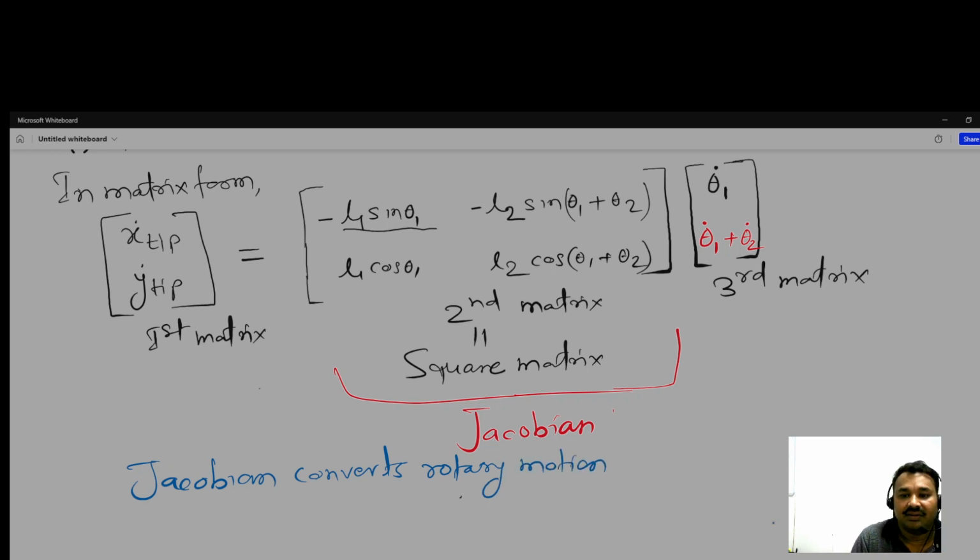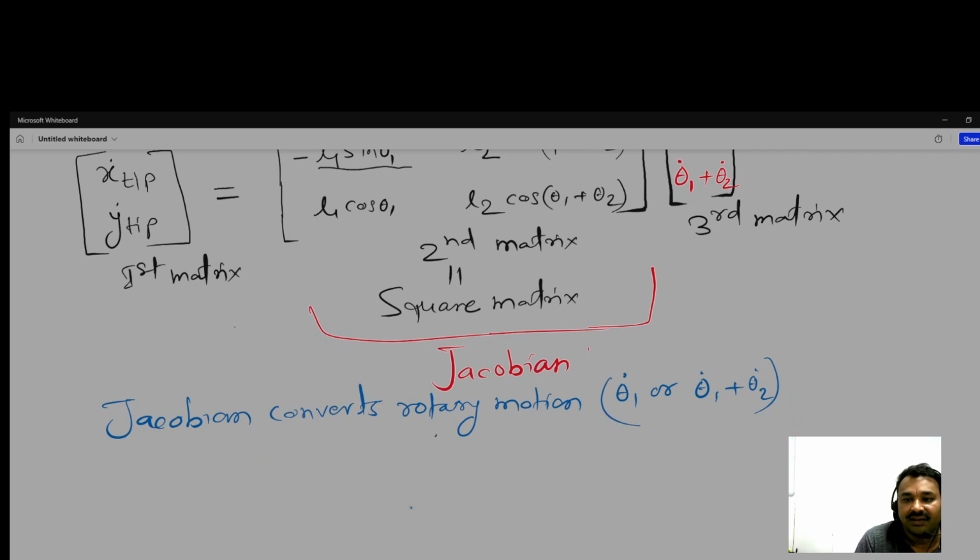means you can see here theta 1 dot, or theta 1 plus theta 2 dot, these are angular motions, angular velocities. Rotary motion means angular velocity into the translatory motions, means x dot here or y dot here.